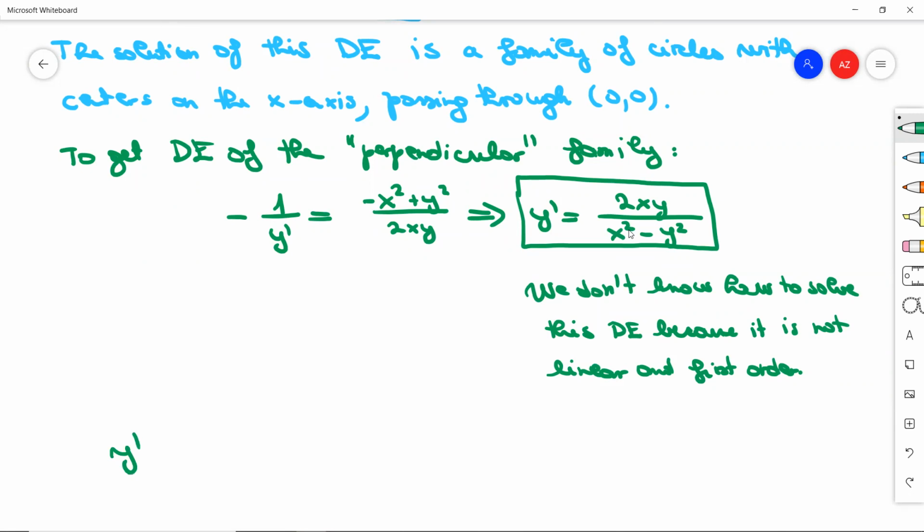So we get y prime is 2xy over x squared minus y squared.